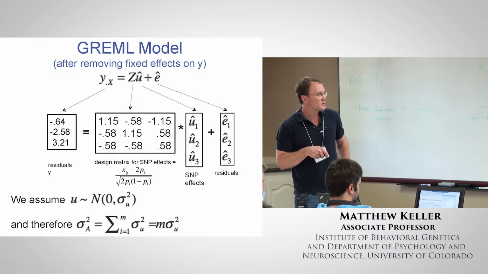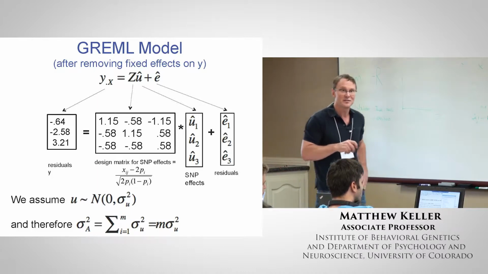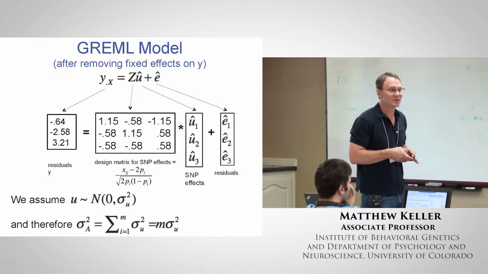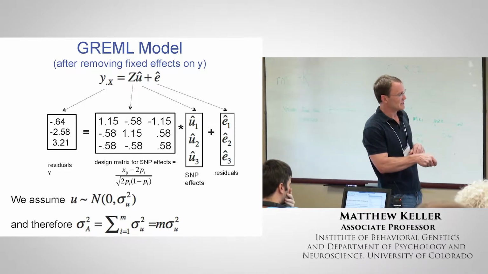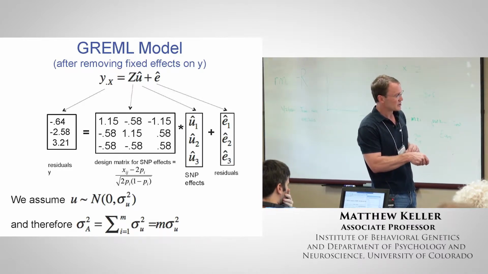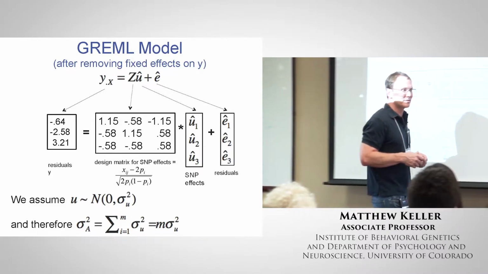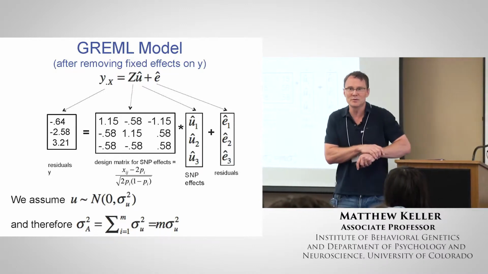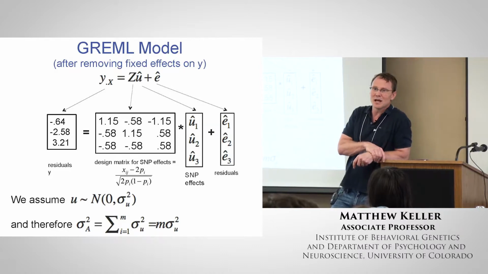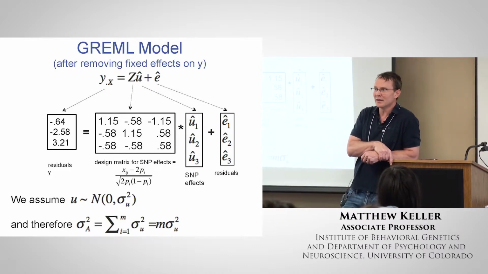This assumes independence of effects and no LD, which is another assumption. You can see this because you're summing across all these terms. We're just taking M, the number of terms that we're summing across, times the variance of U to be the total additive genetic variance.